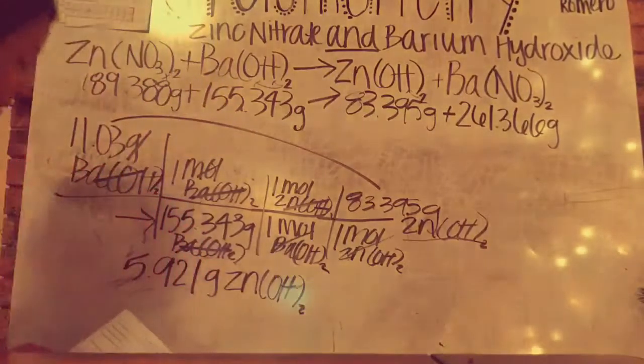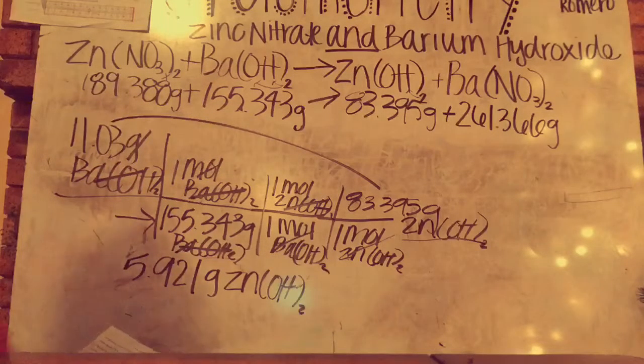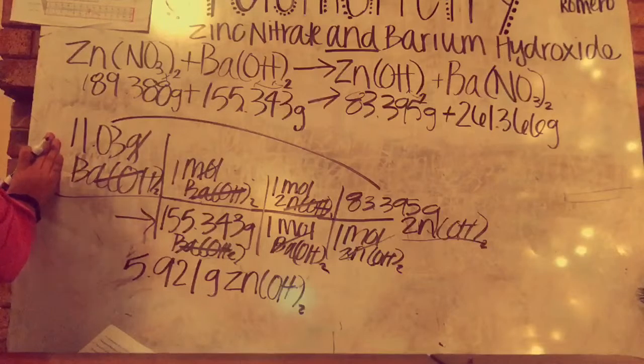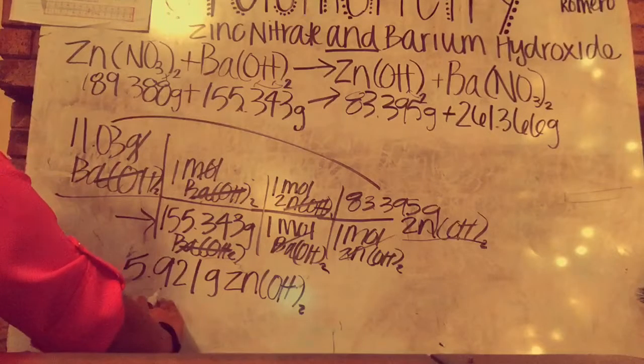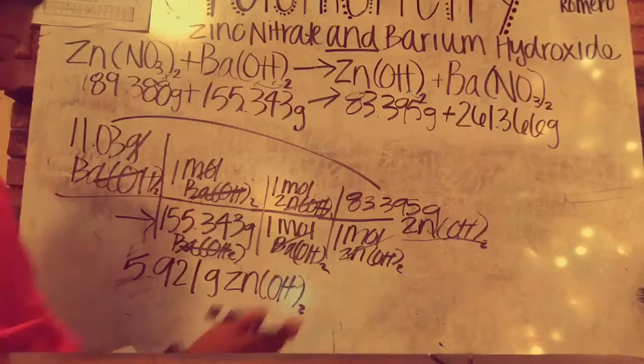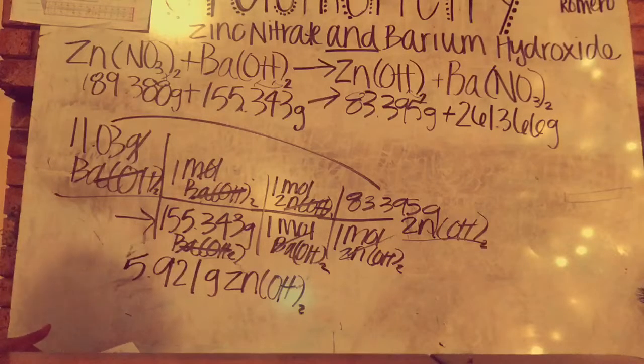And that is how you find grams. And so we went from 11.03 grams of barium hydroxide to 5.921 grams of zinc hydroxide. So you are done with the mole to mole and gram to gram conversions.